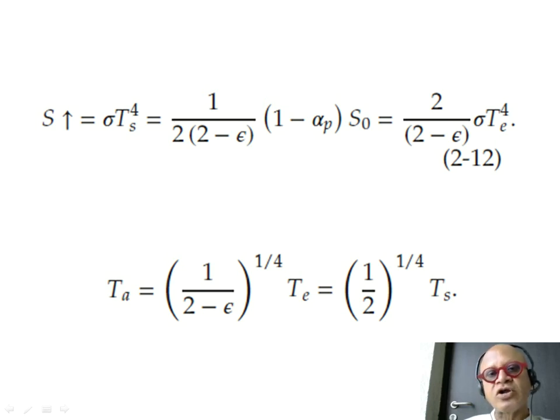So it's smaller than the surface temperature by this amount. Again, it's just very, very simple algebraic equations that you can just derive and make sure you understood. Okay, very simple.